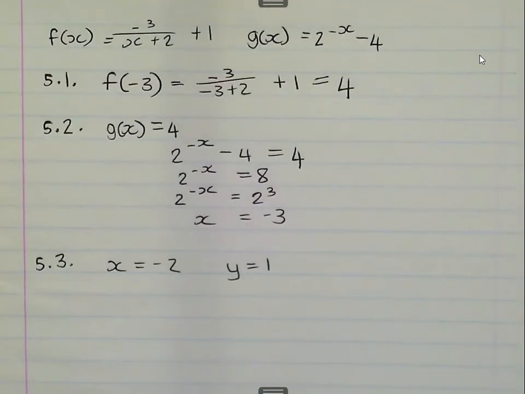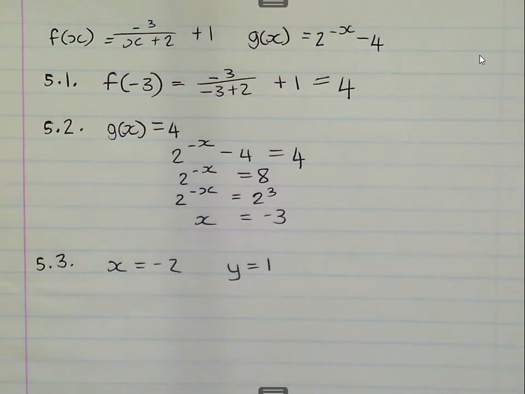Please, grade 11s, be sure that you didn't just write negative 2 and 1. Or that you wrote it maybe in a coordinate. If you wrote it in a coordinate, then you mean that's a point. It's not a point. And that you didn't write P is equal to negative 2 and Q is equal to 1. All of those things that I've just said is wrong. You will get 0. And the thing is, you actually know it.